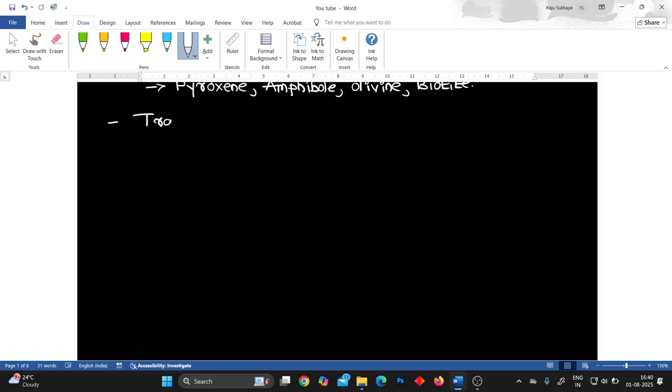So the trapped gases can easily escape out. Without making any explosive sound, these trapped gases in the magma can easily escape out.